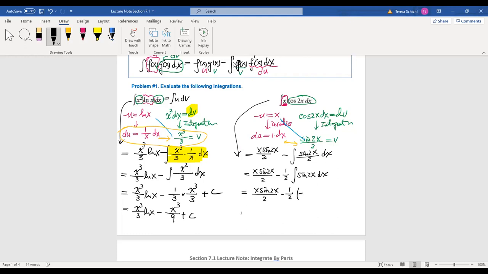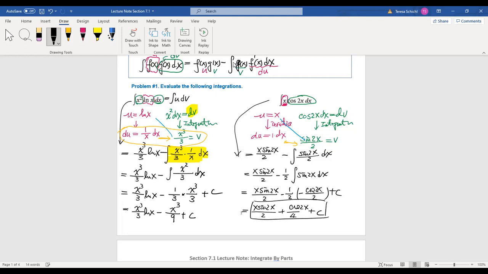It's negative cosine, so it's negative cosine 2x, but since here this is 2, I need to divide by 2, and then plus c. This is by the u substitution, that's where these constants come from. So this will be x sine 2x over 2 plus cosine 2x over 4 plus c.